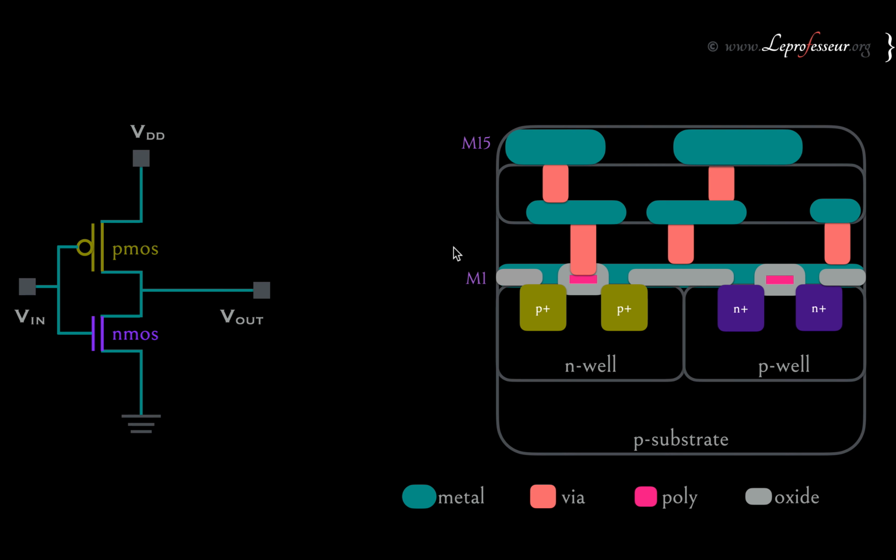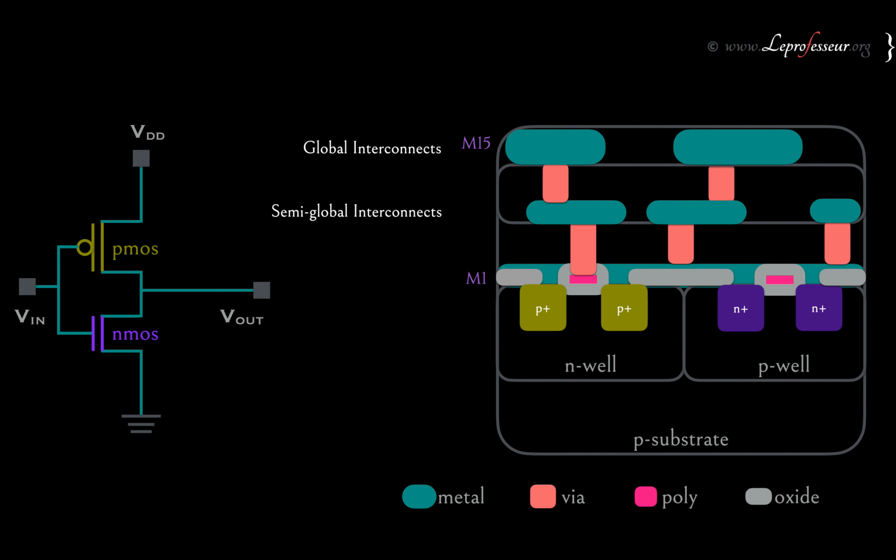We are not going to discuss the layout, how it is done, but our focus is mainly to discuss the interconnects, what we just saw. We can classify interconnects in different categories. Let's say global interconnects and semi-global interconnects.